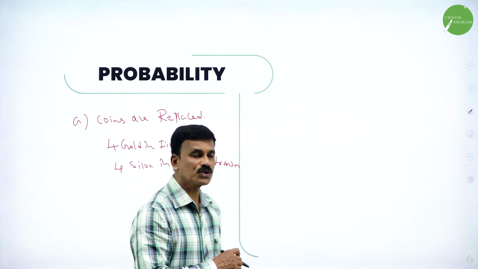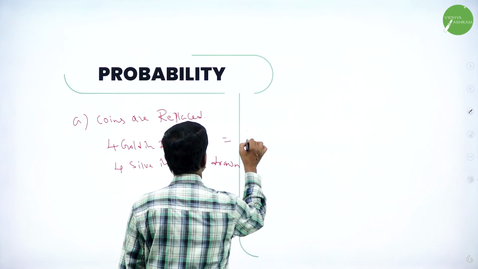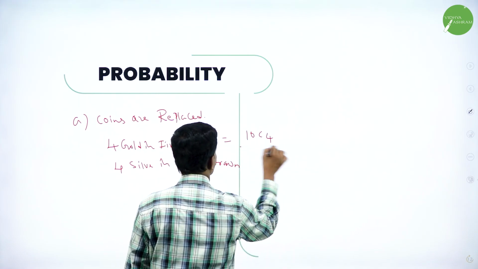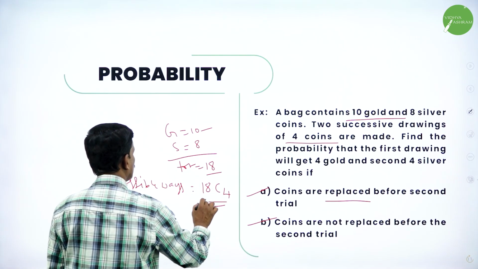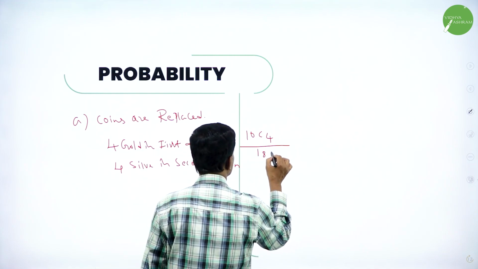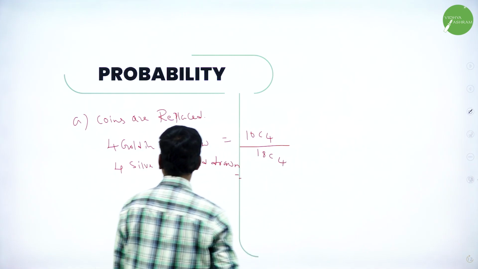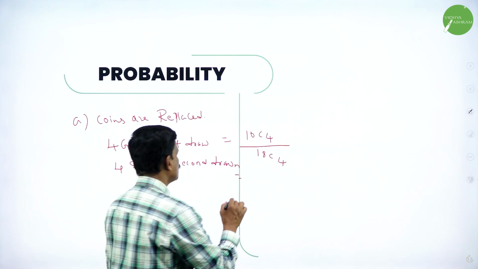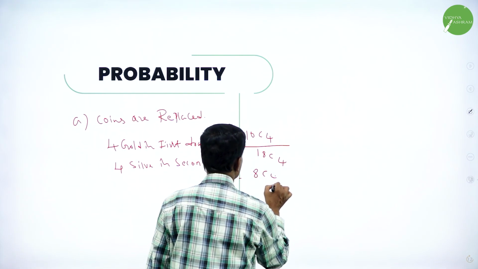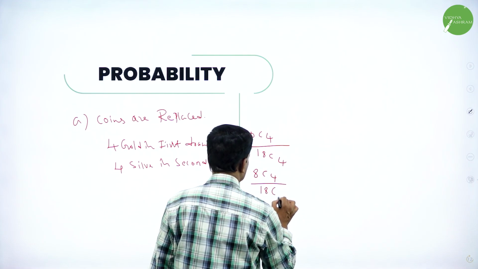So 4 gold, how many gold coins are there? That is 10C4 divided by 18C4, selecting 4 out of 10. Similarly, 4 silver in the second, how many silver are there? 8. So that is equal to 8C4 divided by 18C4.